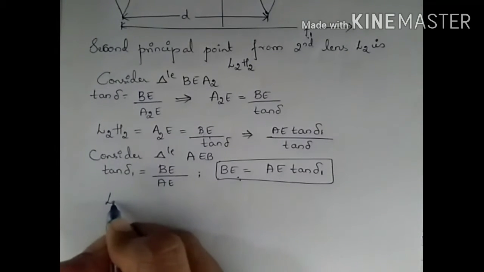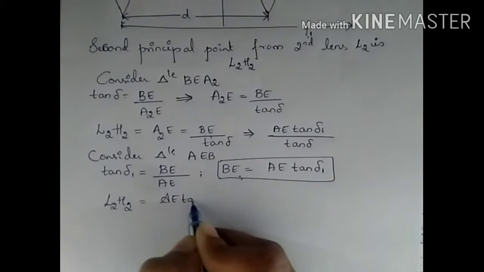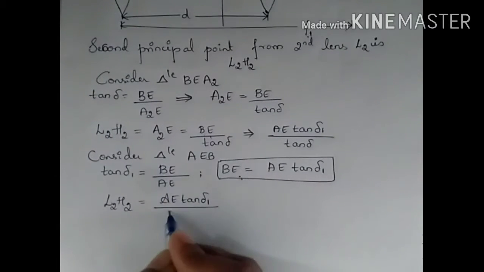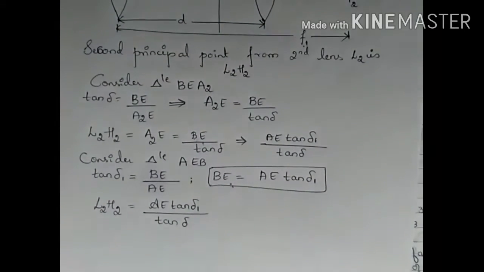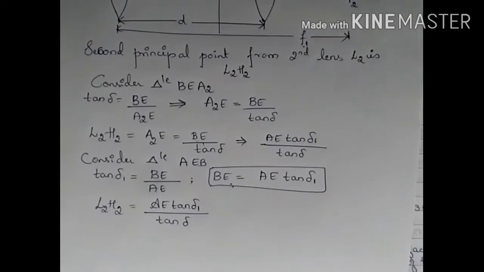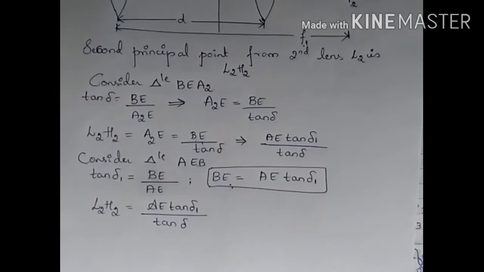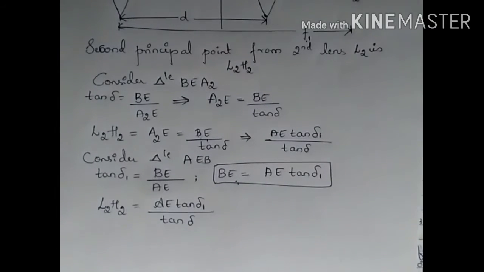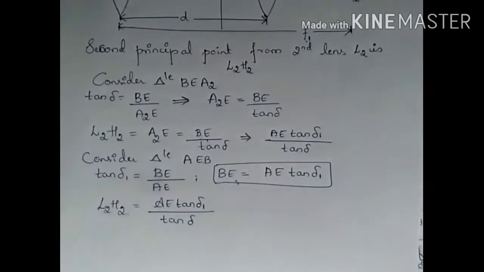So now, let me write this L2H2 again: AE tan delta 1 divided by tan of delta. So tan delta is for the overall deviation of the incident ray PA after getting refracted from both the lenses, and delta 1 is the angle of refraction for the lens L1. So you got L2H2. L2H2 is the distance of the second principal point, or the position of the second principal point.